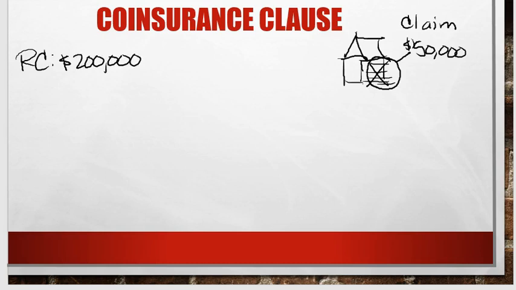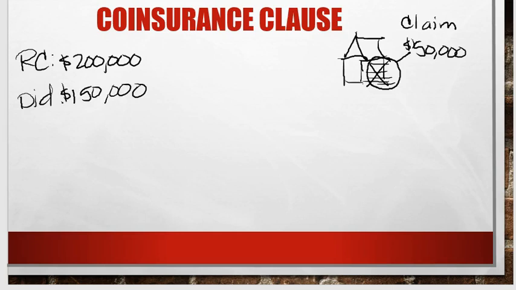And in order to do the formula, we need to find out did over should times the claim. So we have the claim, we have the replacement cost. We did insure it for $150,000, right?